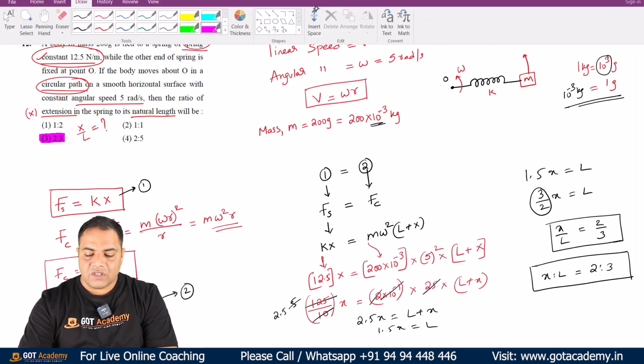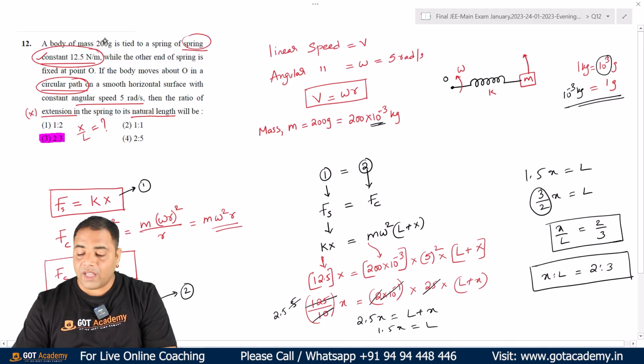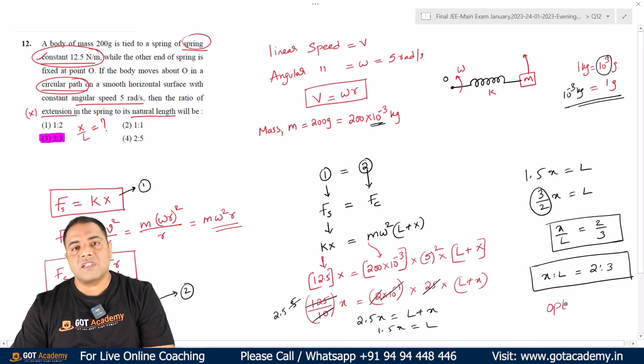Look once again carefully at whatever I have done. I have taken the two forces: because of the spring, that is F equal to kx, and another because of its circular path, m v square by r. As per the situation, velocity is not given, omega is given, that is the angular speed. So I converted m v square by r to m omega square r.